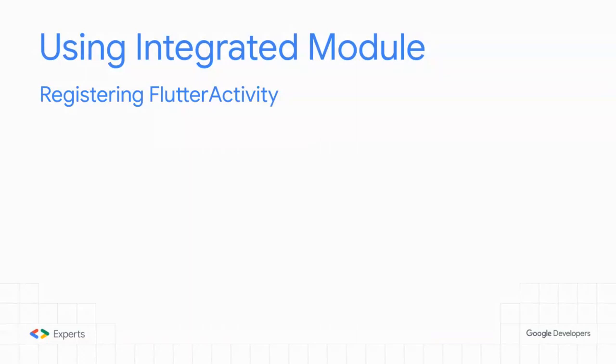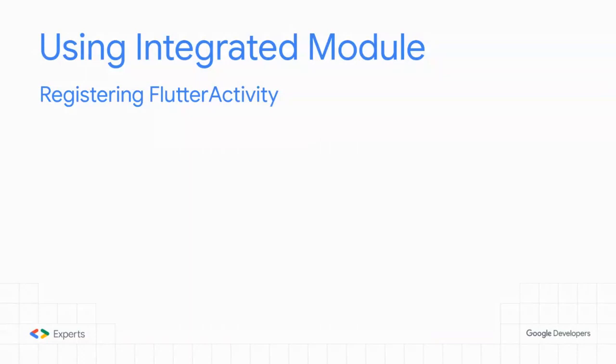They decide which is the entry point for our app, how we can create a new engine and use it, what the initial route of our application is, and so on. All of these are customizable, yes, but these things need to be used to understand how to start a Flutter activity.